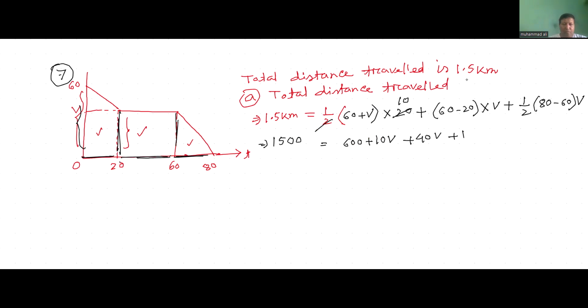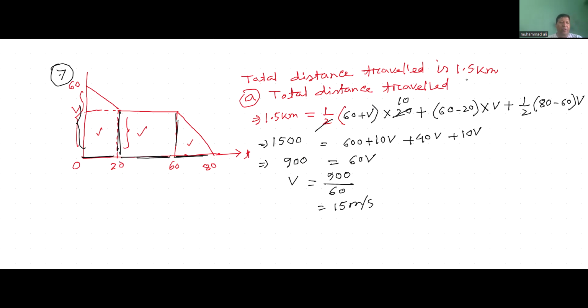So finally 600, when it comes to the left side, it will be 900 equals 60v. So v equals 900 divided by 60. So it will be 15 meter per second. So our first answer, part A, is completed.